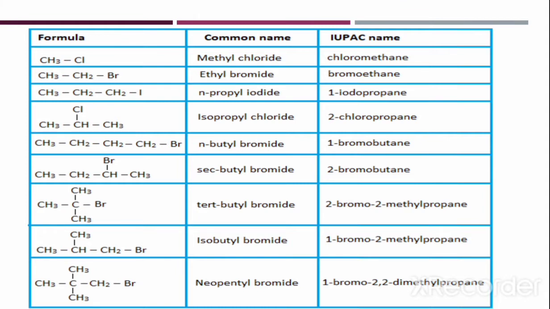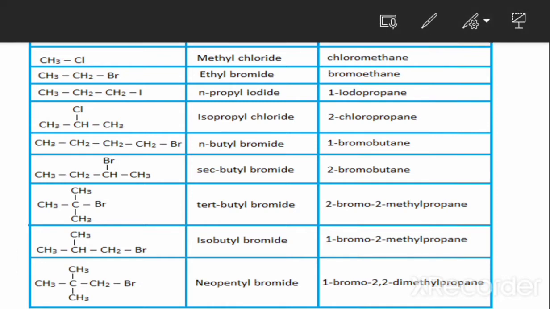When we write the IUPAC name, we have to number the carbon that is attached to the halogen group. So the first carbon, we will name it 1-iodopropane. And the other example is the halogen that is attached to the second carbon of the chain.